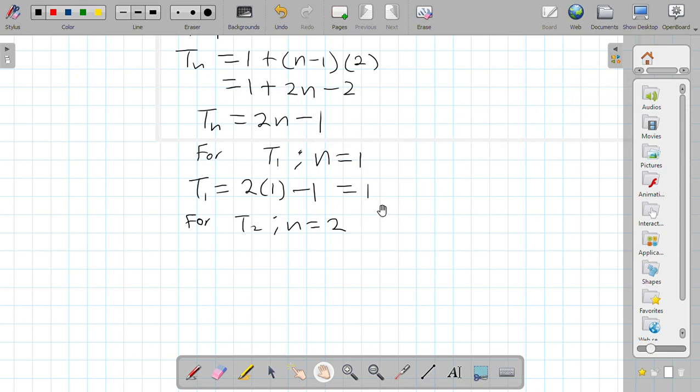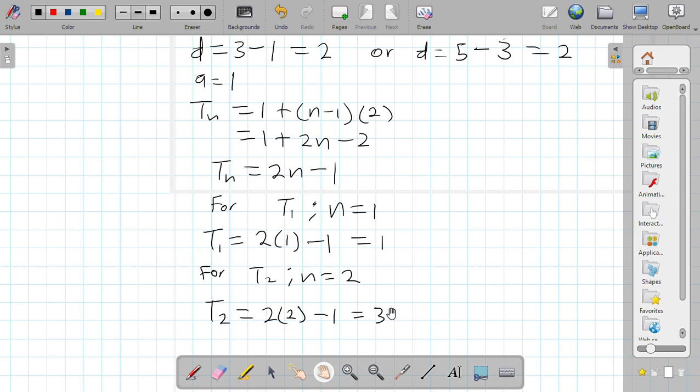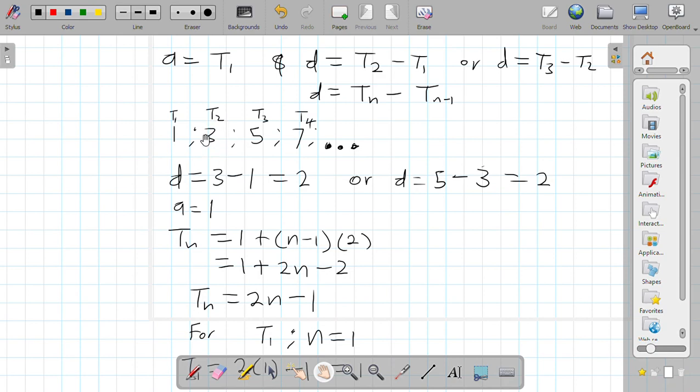So T2 equals 2 into 2 minus 1, remembering the value of n is equal to 2. 2 times 2 is equal to 4, and 4 minus 1 is equal to 3. Let's check whether it checks out. As you can see, term 2 is equal to 3, and here term 2 is equal to 3 as well. Can you see that?